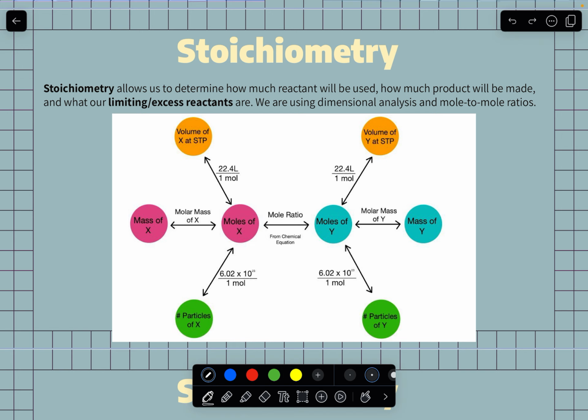It is a foundation for chemistry. You need to know how to do this. It tells us how much we're going to use when we do an experiment, how much we're going to be making of each product, and it tells us what our limiting and excess reactant is. So make sure you know how to do dimensional analysis and stoichiometry. These are very important. You'll use this in every unit we do.